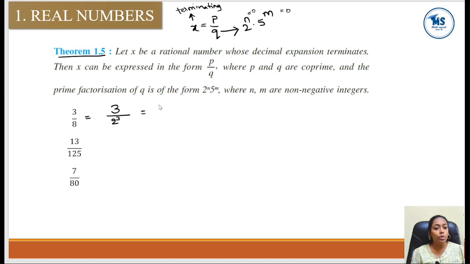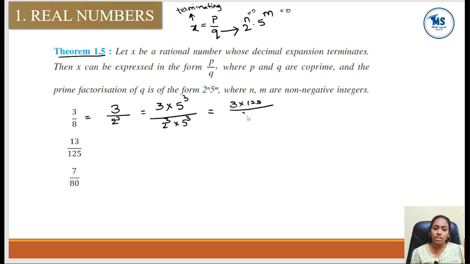Since I'm trying to make my denominator a power of 10, I'll multiply and divide by 5 cube. If I cancel 5 cube, I'll have the same number, 3 by 8. Then 3 into 5 cube is 375 by 2 cube into 5 cube.